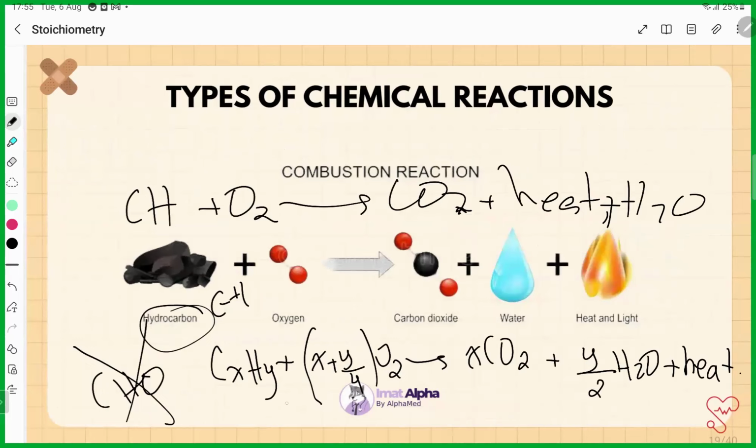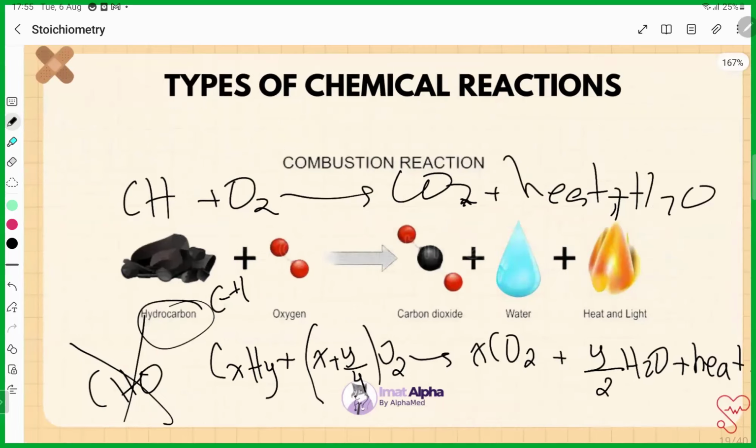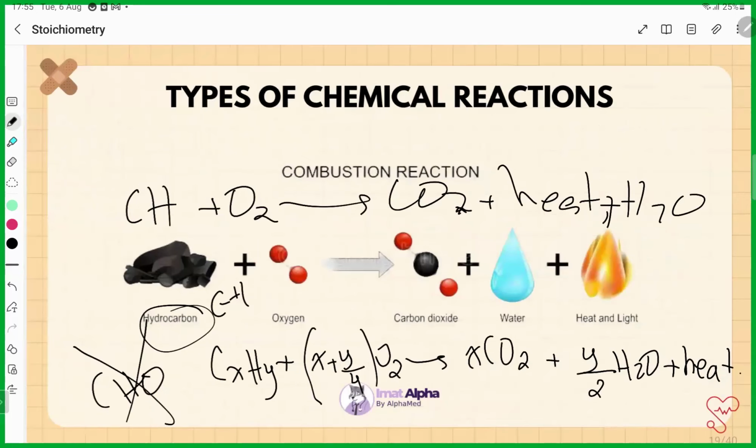So let's give an example. Let's say we have any alkane, let's say CnH2n+2. Let's say we have methane, CH4.